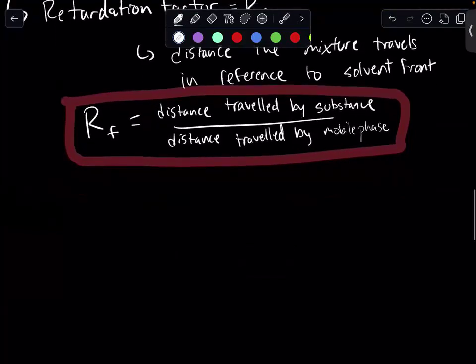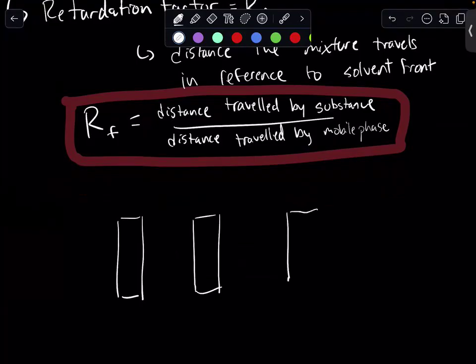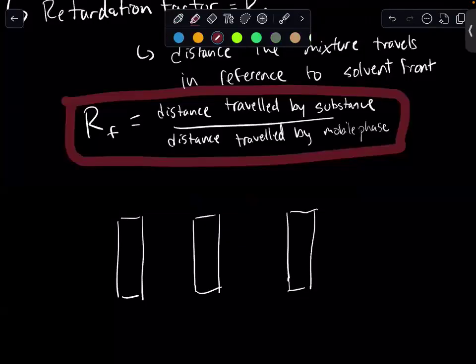This will be qualitative. But the important thing is if you look at a couple pieces of chromatography paper that have been in a substance for different amounts of time, the longer you keep it in the solution, the higher up our solvent's going to travel.